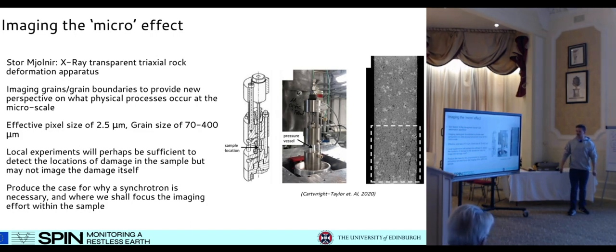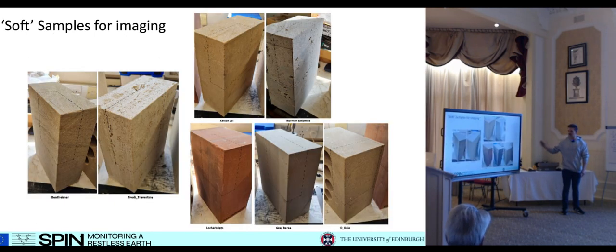We can get a resolution of about 2.5 micrometers per pixel, though we think we can go a bit lower. Though we won't likely image the damage and healing cycles themselves, we think we can build a case to then take the CT scanner or take the Thor's to a synchrotron facility and maybe capture some very high resolution 4D data sets.